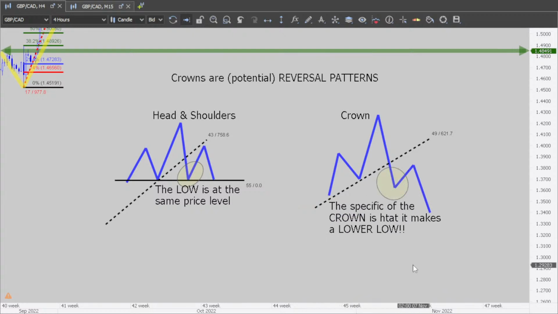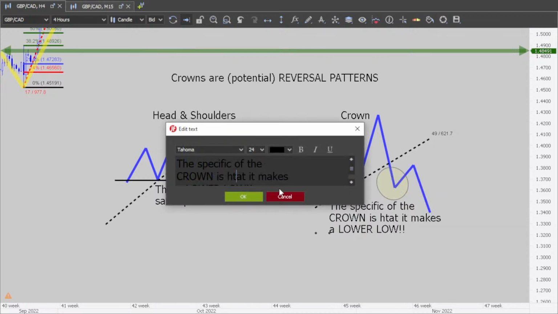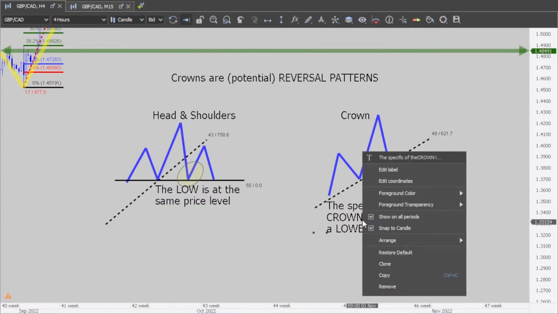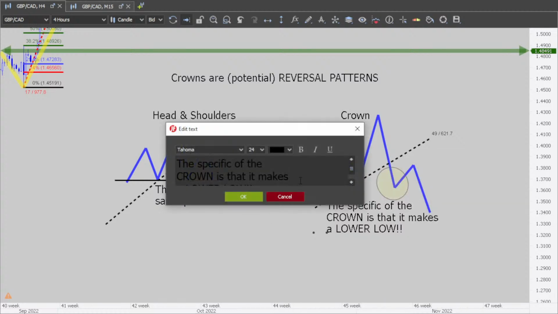Okay, everybody, the specific of the crown is that it makes a lower low compared to head and shoulders.